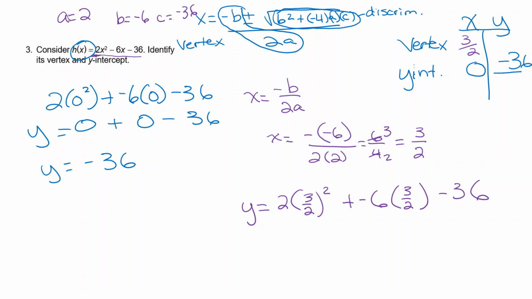When I do all of that, you can either work it out or just put it in your calculator, you end up finding that y equals -40.5. So my vertex is at 3 over 2, -40.5. All right, so here's your answer to this question. All right, next.